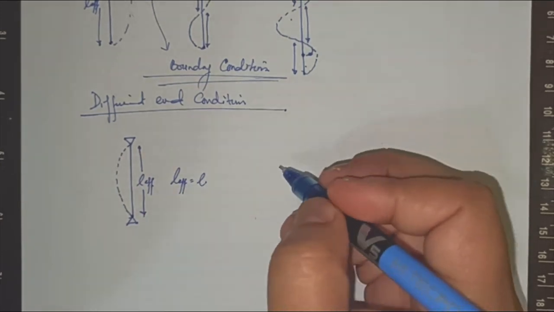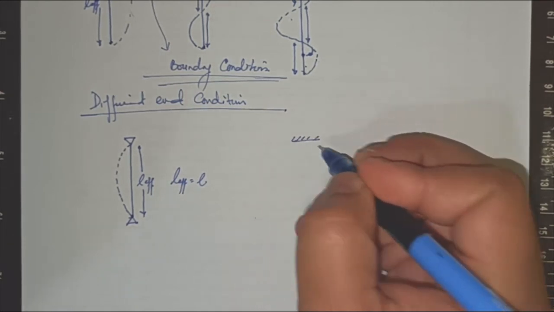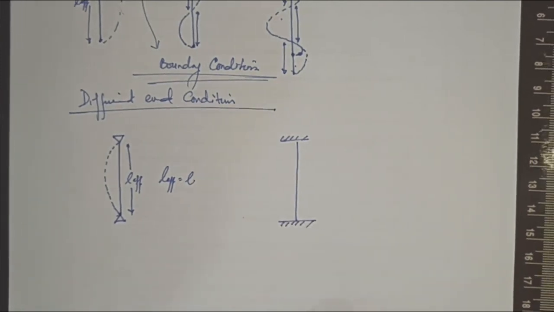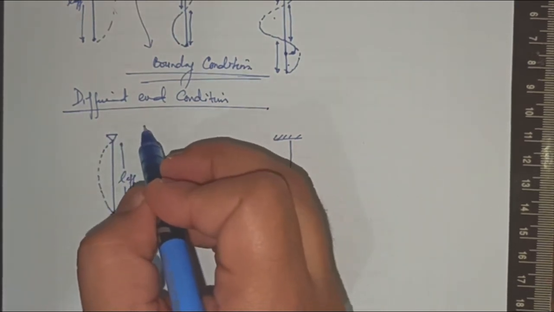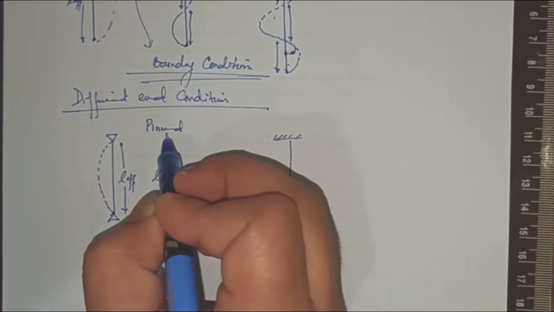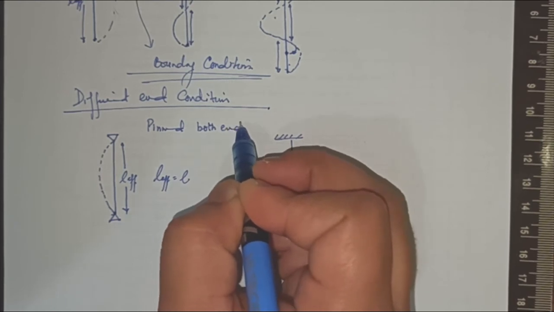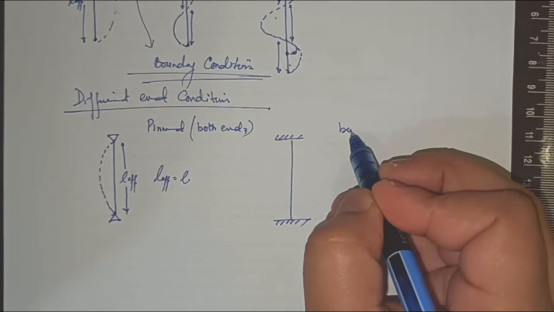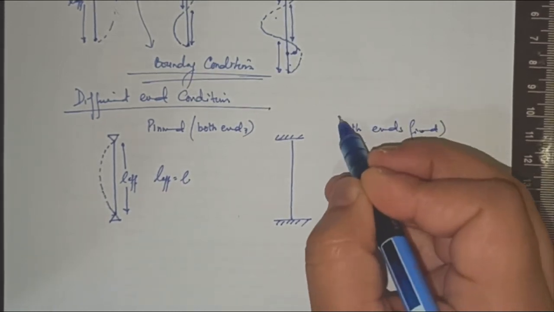In another case, let's say a beam is fixed at both the ends. In the earlier case, this is hinged or pinned at both ends, and in this case both ends are fixed, like this.